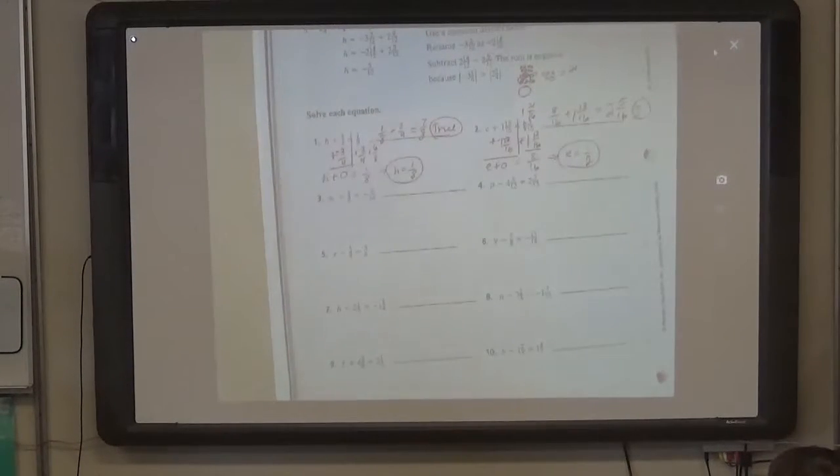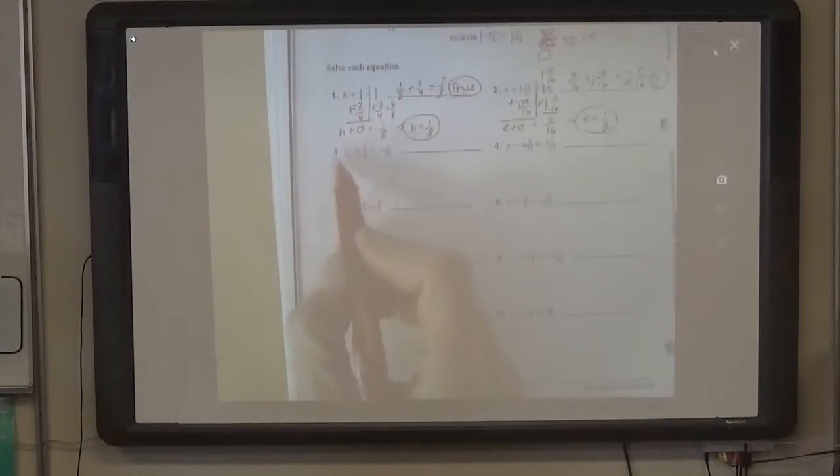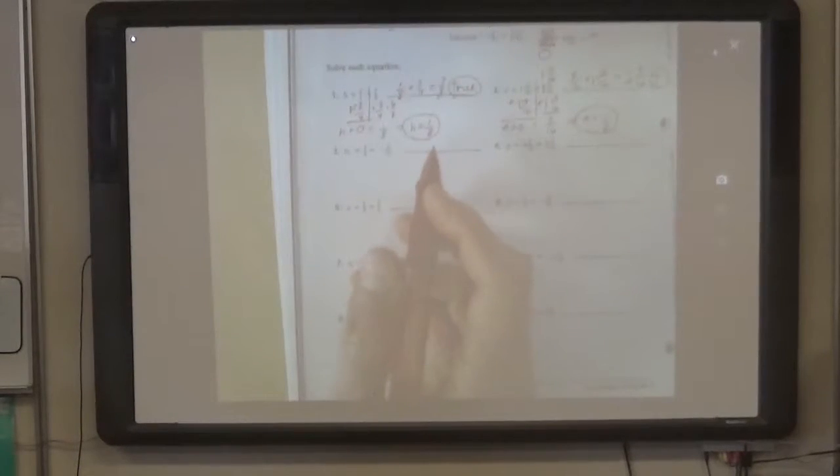All right. Skip down to number 5. Oh wait, no, I guess we're gonna need to do number 3. We've got a negative solution, so we're gonna need to work on that. Number 3: M plus 5/8. So we add negative 5/8 to both sides.